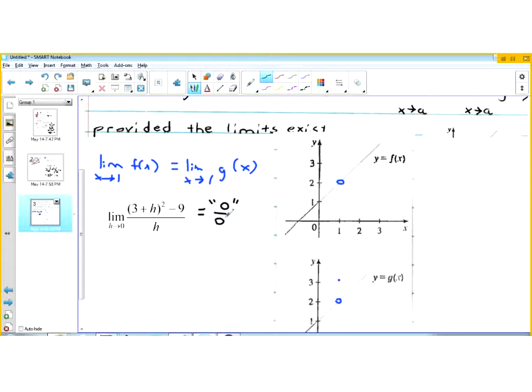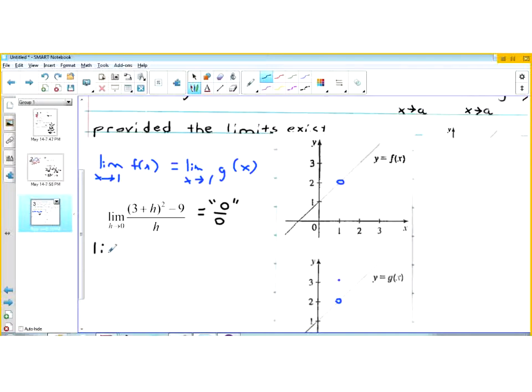We'll talk more about those in chapter 4, but whenever after direct substitution you have a 0 over 0, you have an indeterminate form. And when you have an indeterminate form, in fact, the limit does exist, and it can be solved for.